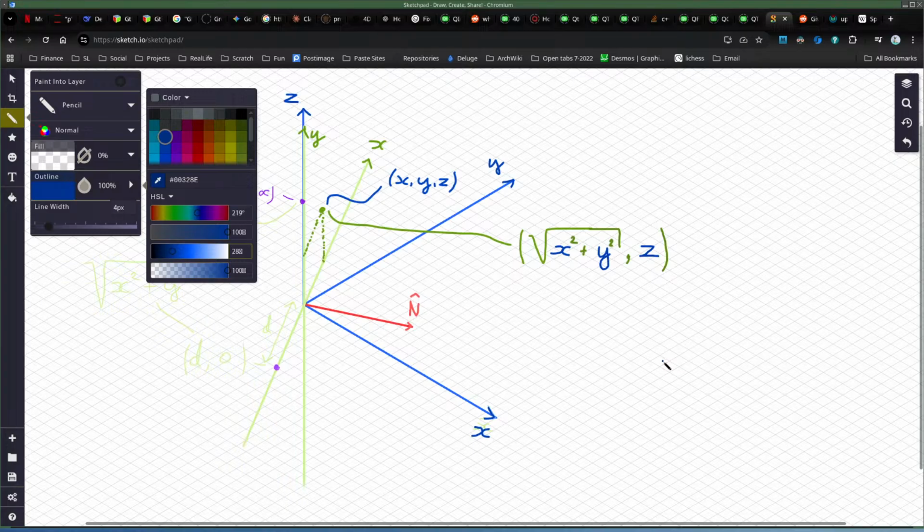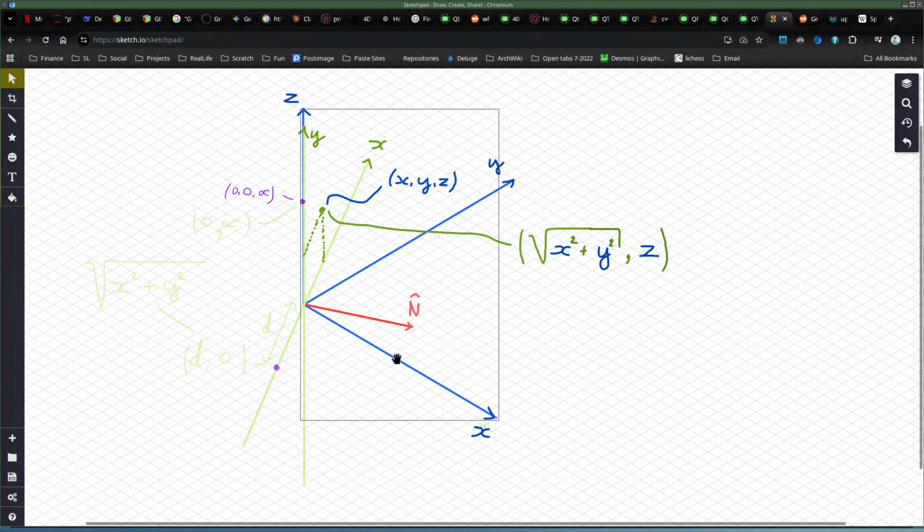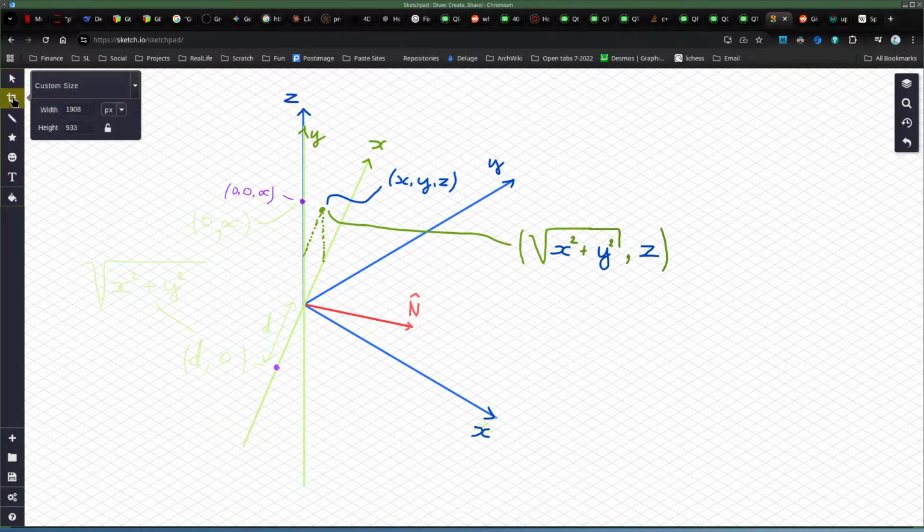we now have, can I select stuff? How do I add something? Can only rotate. Oh, this is select.